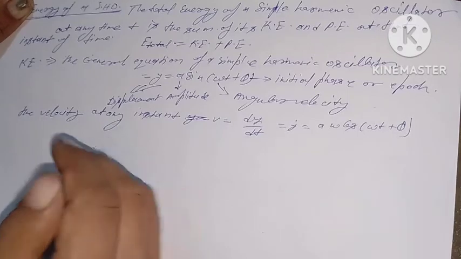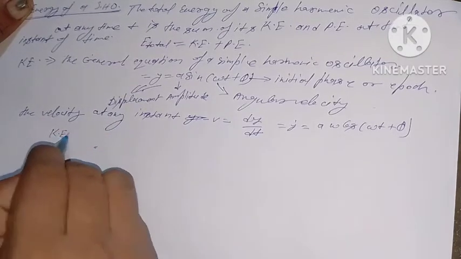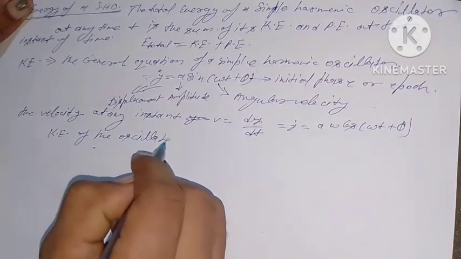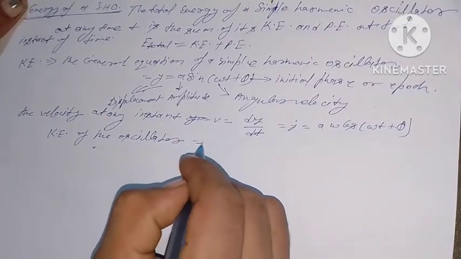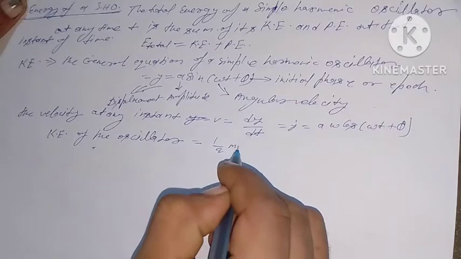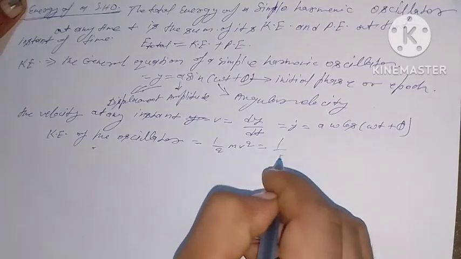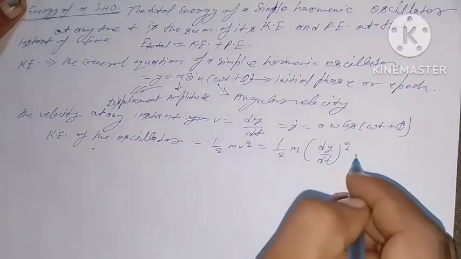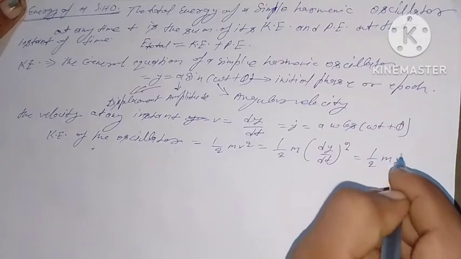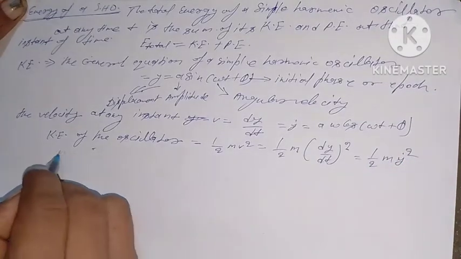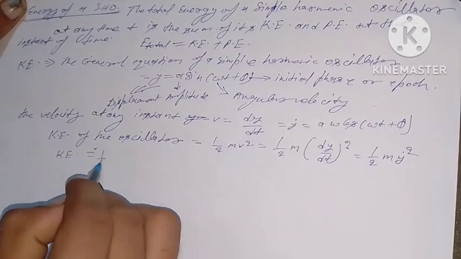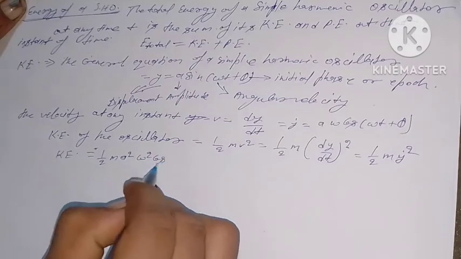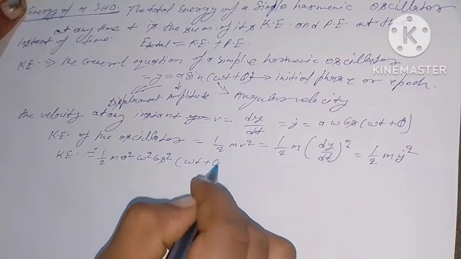Then the kinetic energy of the oscillator is 1 upon 2 m v square, that is 1 upon 2 m (dy upon dt) square, that is 1 upon 2 m y dash square. That is kinetic energy equal to 1 upon 2 m a square omega square cos square(omega t plus phi).